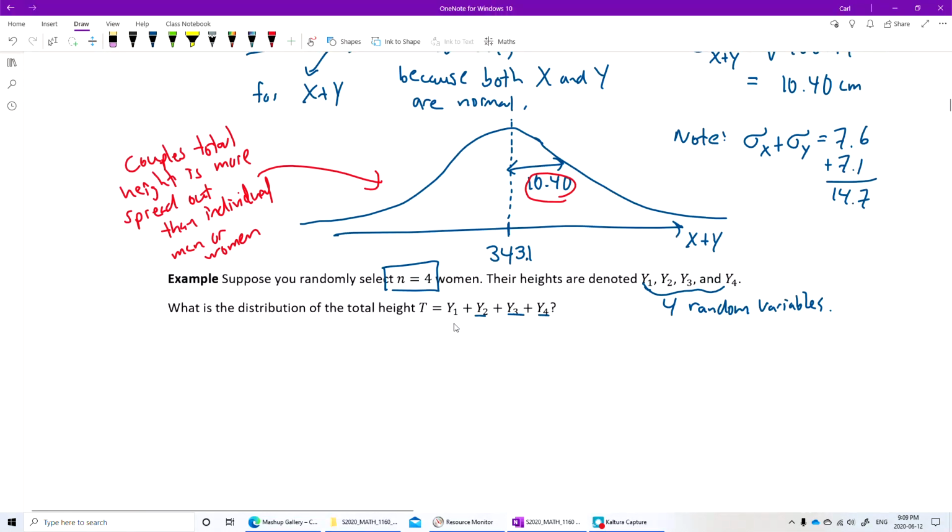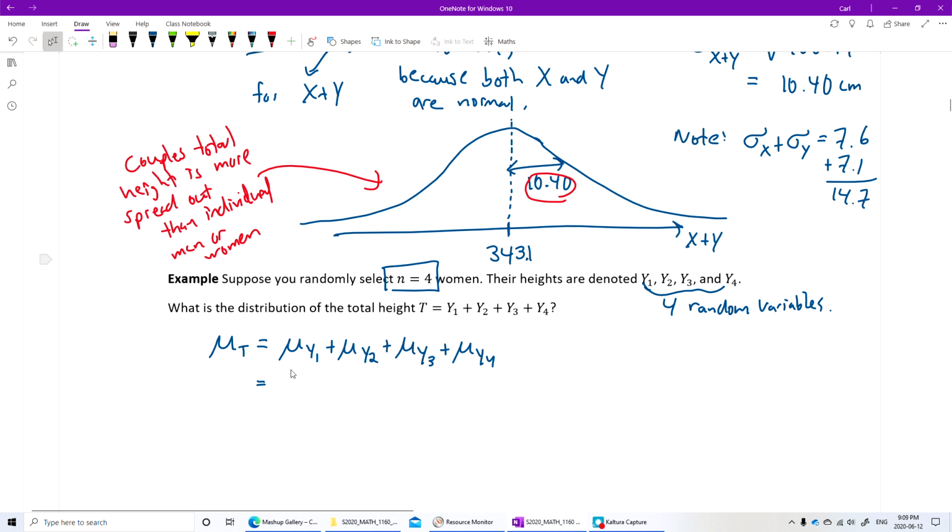So if we use the ideas that we just went through, the mean for the total, what do you think it's going to be? What's the average total for 4 women? Shouldn't it just be 4 times the average? It is. It's going to be the average of y1 plus, I keep saying average, but I should say mean. Doesn't matter, though, does it? The mean of y1 plus the mean of y2 plus the mean of y3 plus the mean of y4, which is all the same. They're all the same number, right?